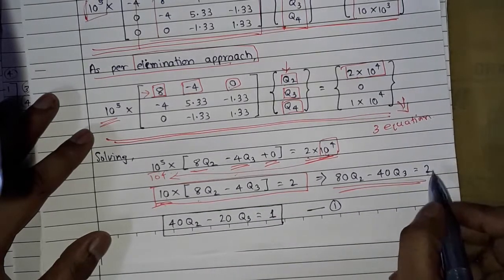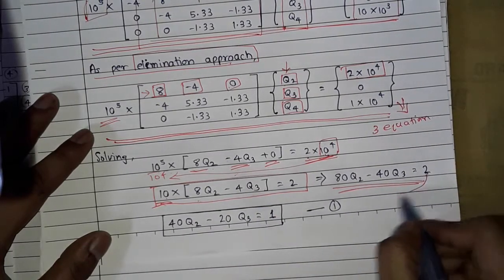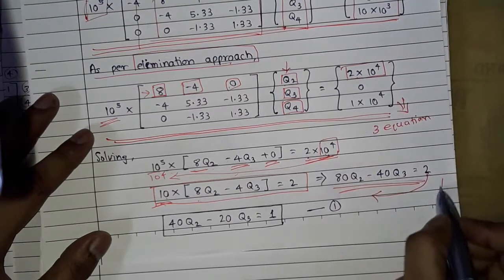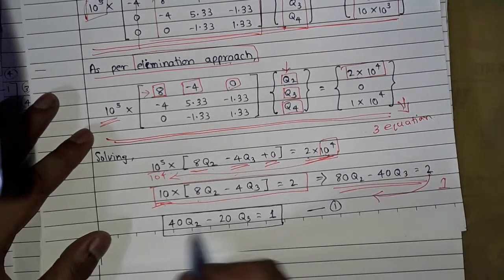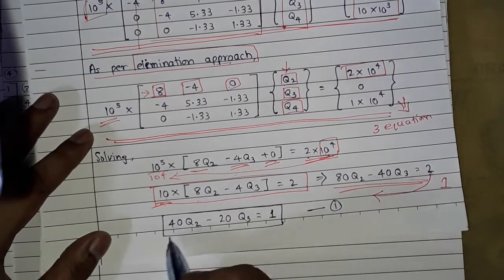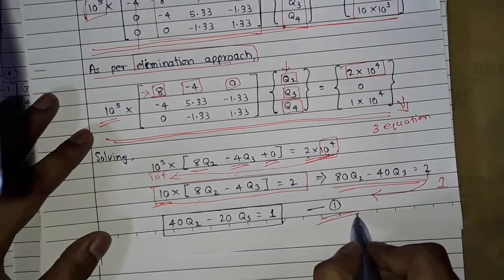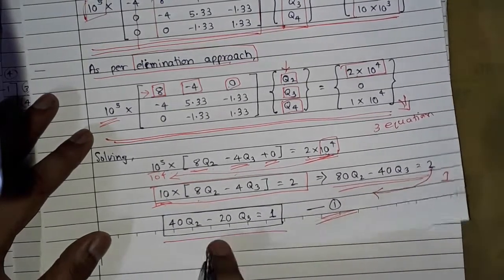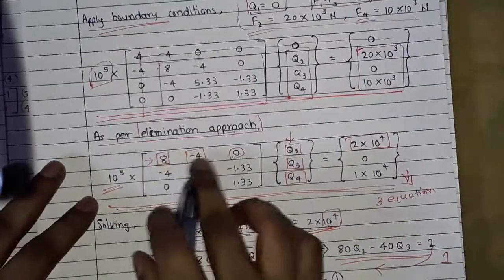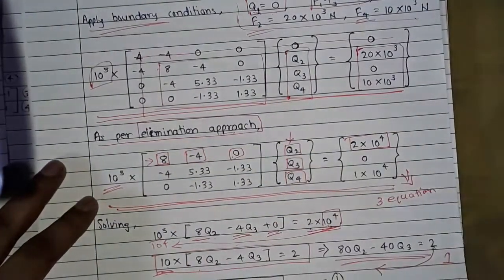Now divide, so here it is 1 and here it is 1. After dividing these values, we got the final equation, which is equation number 1, for the first row.